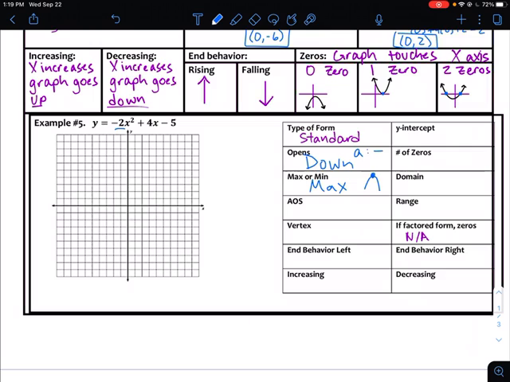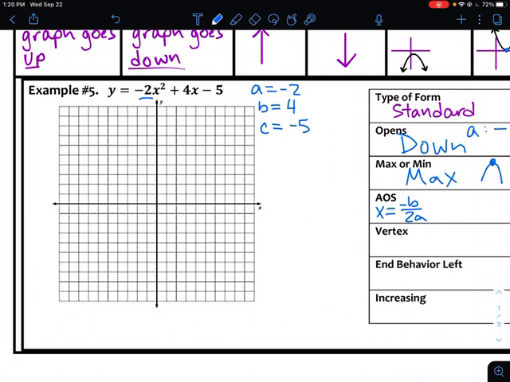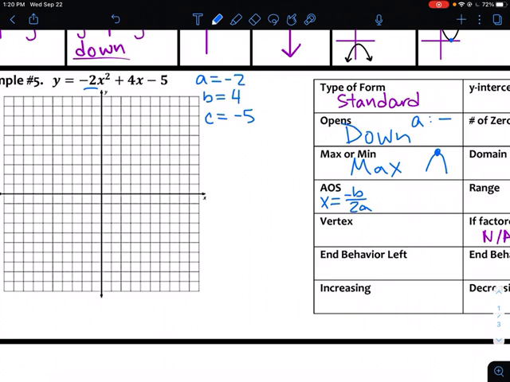All right, so then we can look at our axis of symmetry. So I'm going to say A here is negative 2, B is 4, and C is negative 5. So we'll do our axis of symmetry equation, which is x equals negative b over 2a. So negative b, so we'll look at negative 4 over 2 times negative 2.